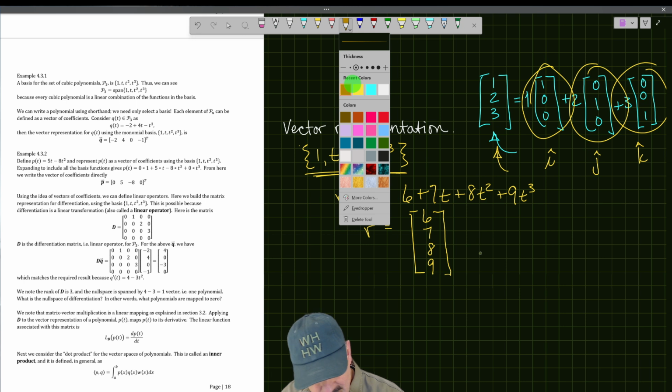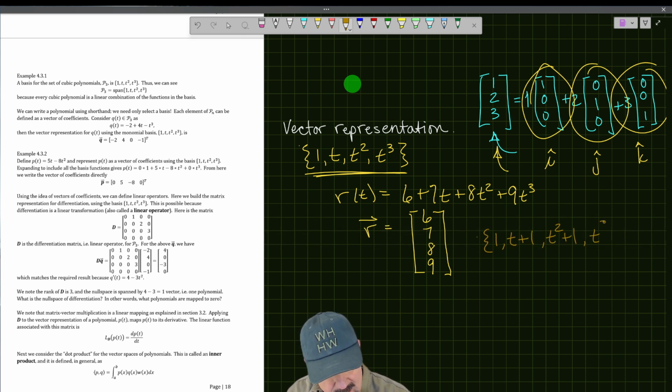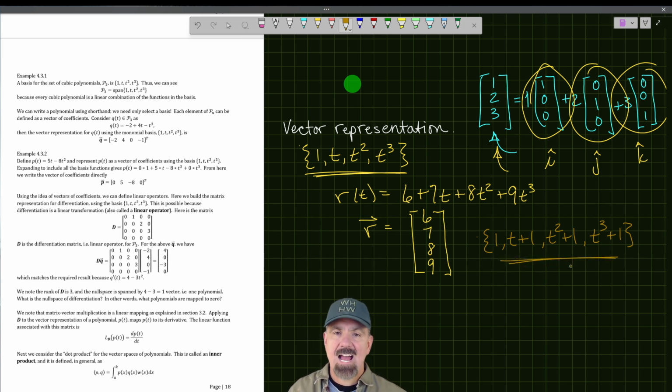I'll use the tan for now. So a set of basis vectors would be something like 1, t plus 1, t squared plus 1, t cubed plus 1. So we could use these functions as a basis for cubic polynomials.